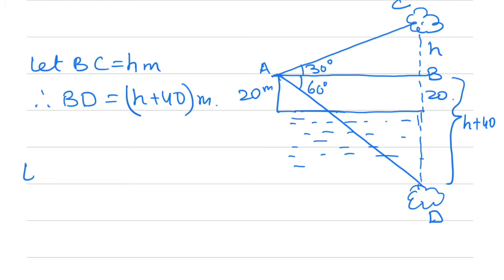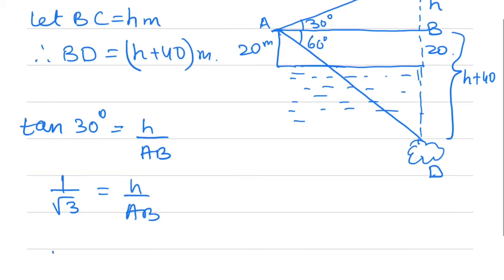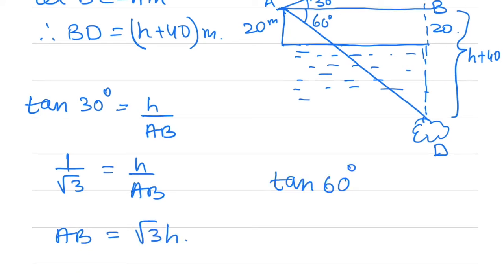meters. Tan 30 degree is equal to H by AB. Tan 30 degree is 1 by root 3. So H by AB. AB is equal to root 3 H. Tan 60 degree is equal to BD by AB.